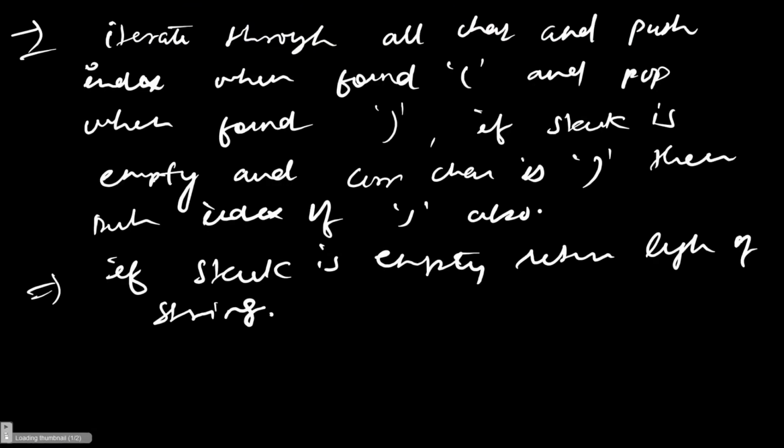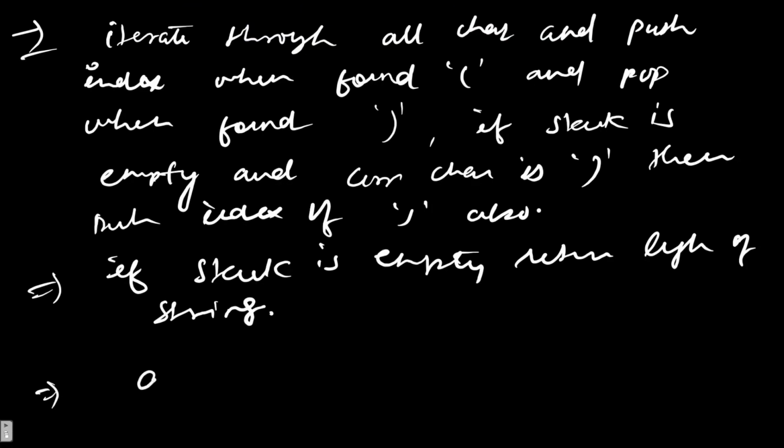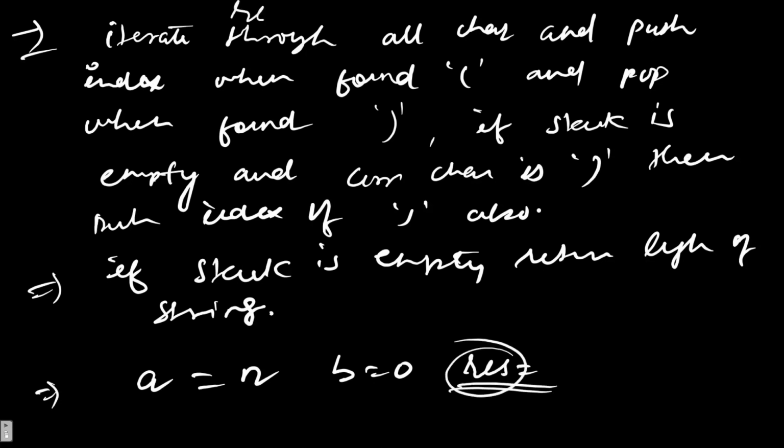Okay, after that, we will be doing a equal to n and b equal to 0 at the beginning, and then we keep popping and keep checking what is our maximum possible result. So for that we will be needing a variable, that is result. We can declare this result at the beginning also, and it will be 0 at the beginning.